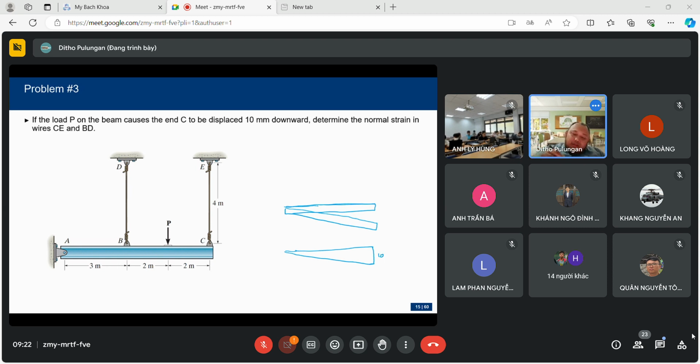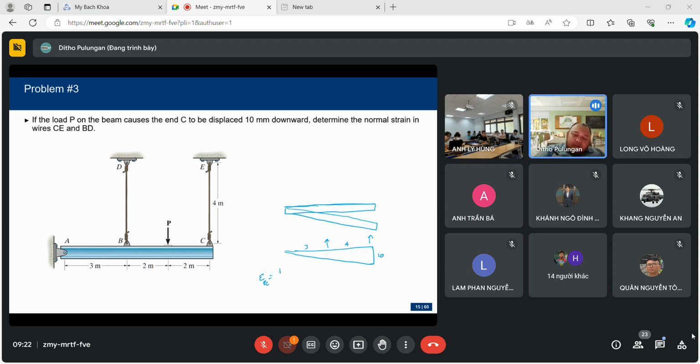Okay. So there is a wire here. There's a wire here. This is 3 meters. This is 4 meters. Okay. So the wire EC, because it's shifted downward 10 millimeters, so strain EC, E to C, is the delta. What is the delta?